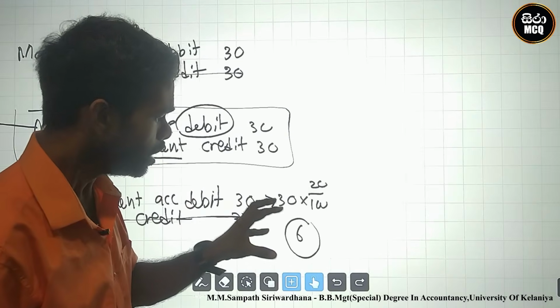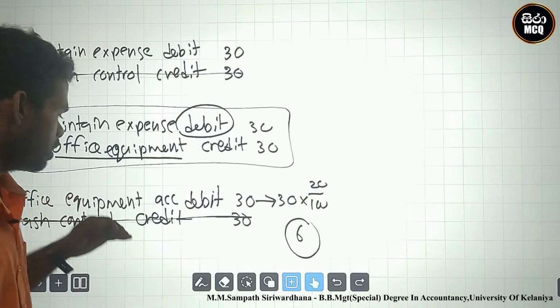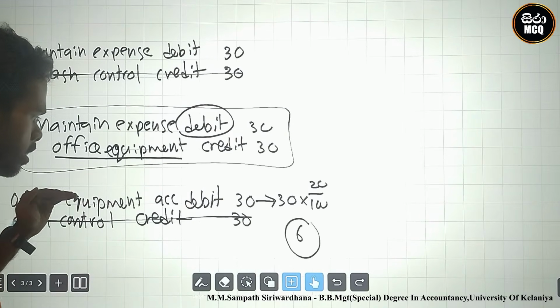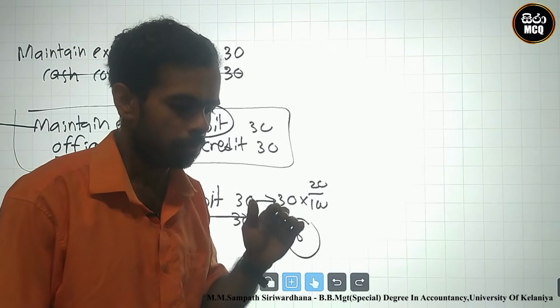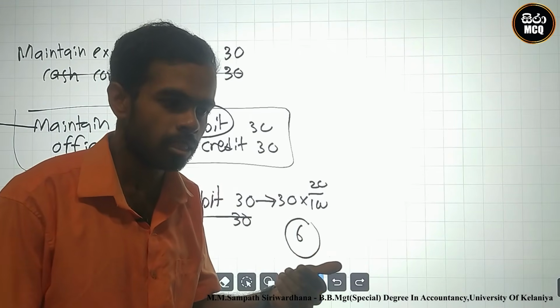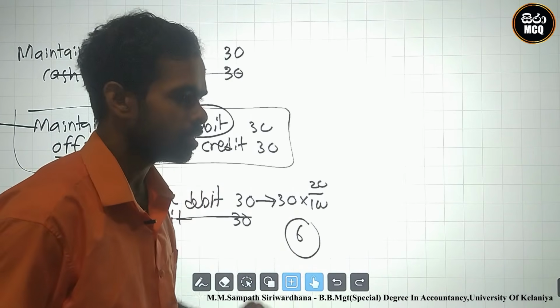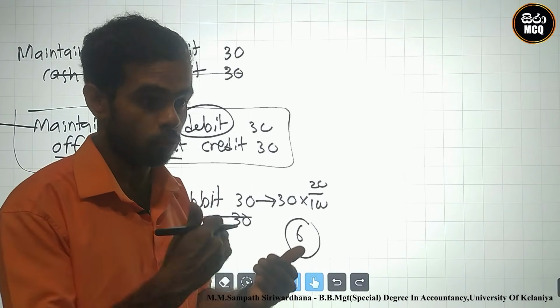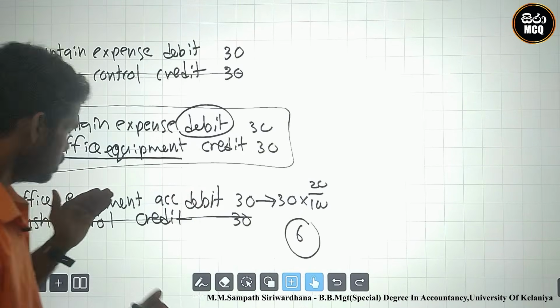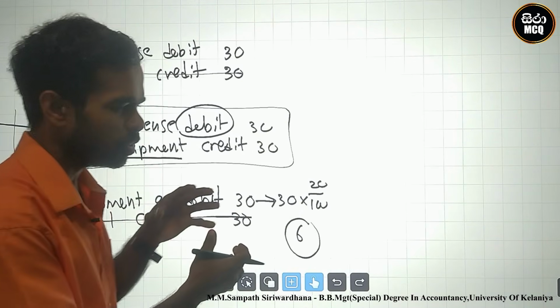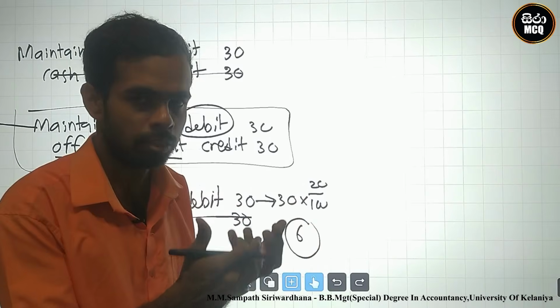Therefore, I should reverse this expense. Based on the wrong office equipment, you depreciated wrongly, over-depreciation. Therefore, you must reverse the depreciation.